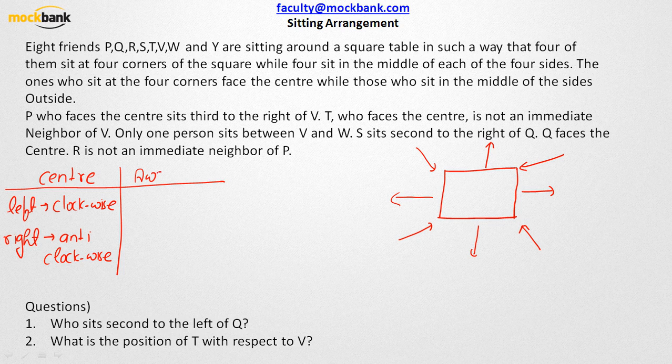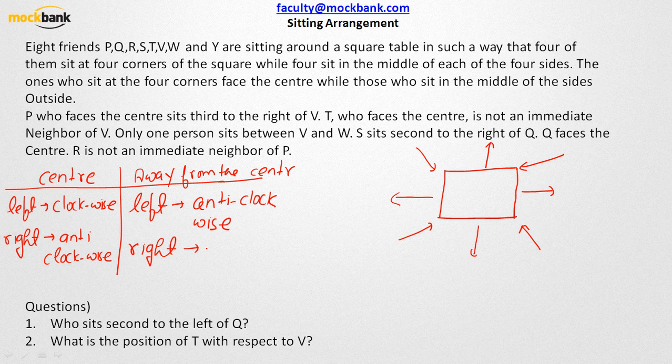Say this is facing away from the center. This exactly is going to be opposite of it. What does that mean? The left becomes anti-clockwise direction, and how about right? The right becomes clockwise. That is what one needs to have in one's mind.